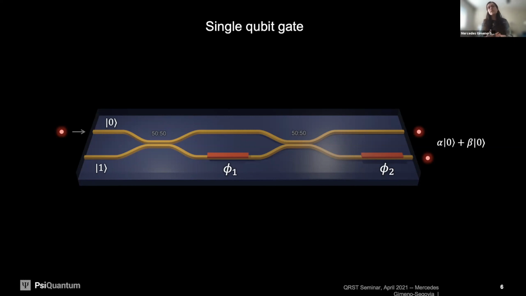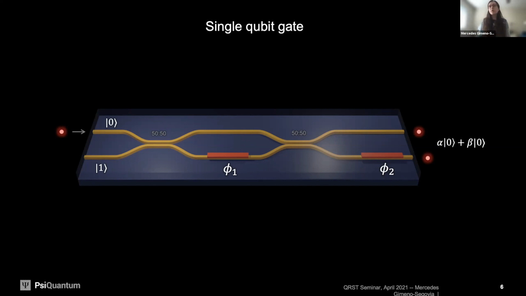Phase shifters can be implemented by a number of different methods. They can be thermo-optical, electro-optical phase shifters, and really the implementation depends on the platform and the specification and requirements that you have for that operation.